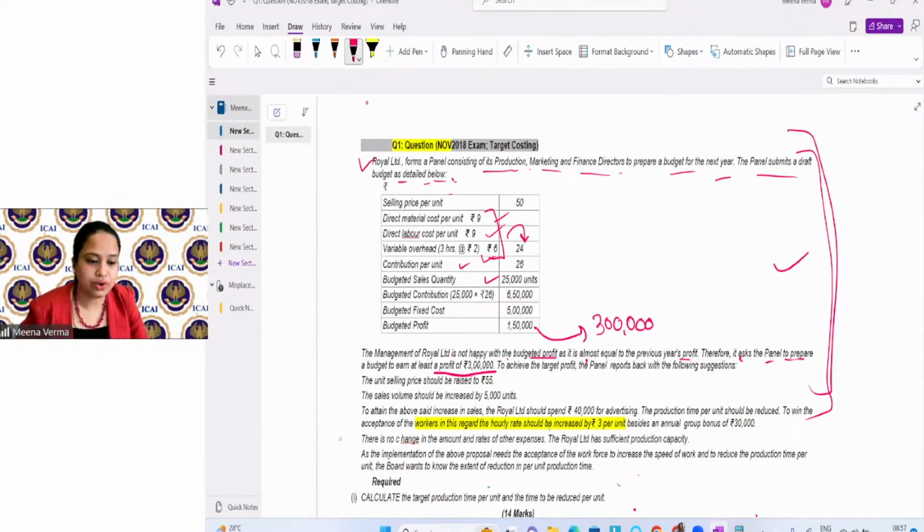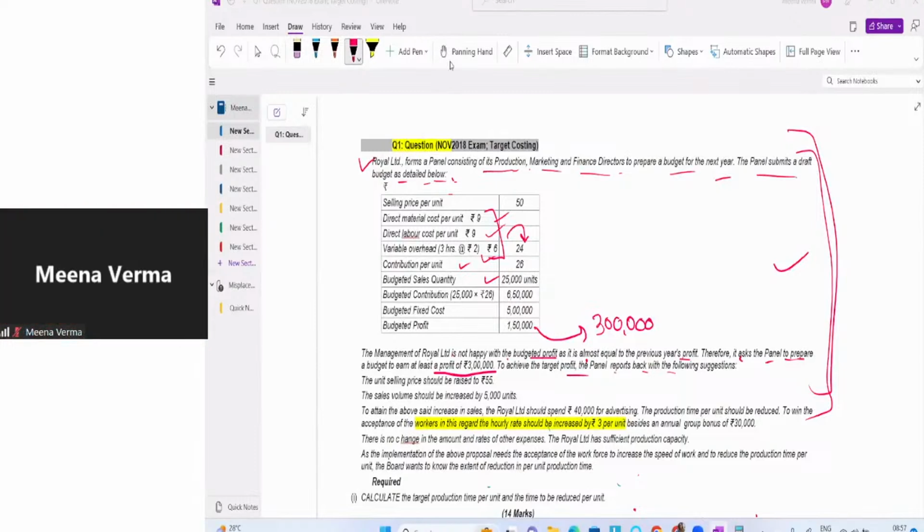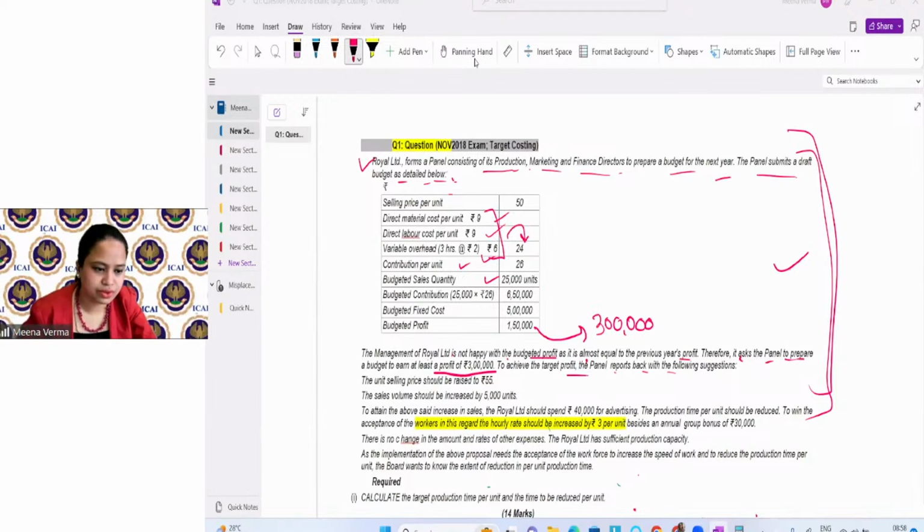What else? To achieve the target profit, the panel reports back with the following suggestions. The profit they want to earn here is 3 lakh.